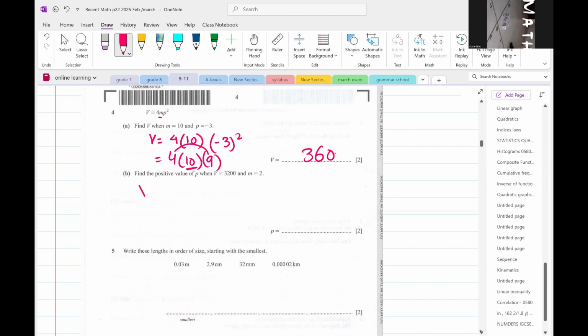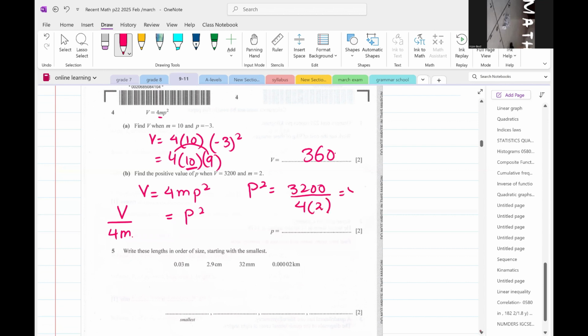Find the positive value of p when V is equal to 3,200 and m is equal to 2. Again, we'll write the formula V is equal to 4mp squared. We have to find the value of p, so I'll make p the subject. P squared is V over 4m. Let's find p squared first, and then we'll take the square root. V is equal to 3,200 over 4m.